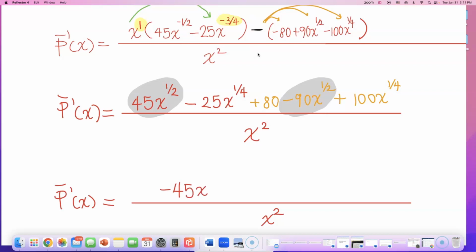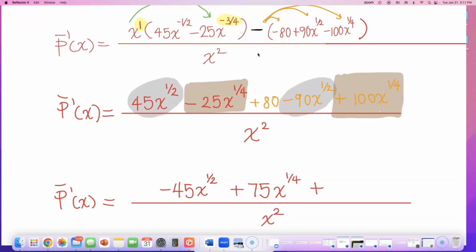I said x squared, I'm sorry. X to the 1/2 power. All right, next, I'm going to combine the quarter exponents. So this one and this one. That's 100 minus 25, isn't it? If you do 100 minus 25, you get 75. X to the 1/4 power. And then our plus 80. We got the function we want.